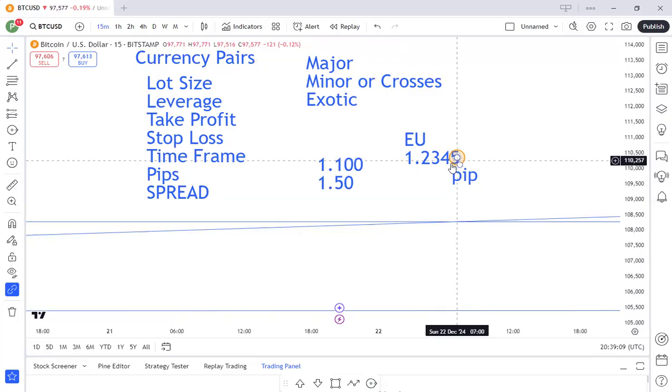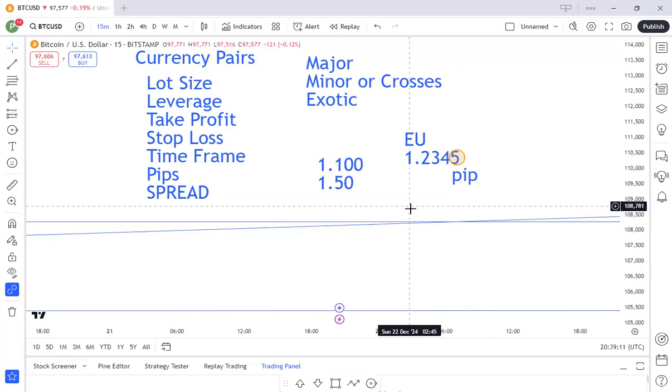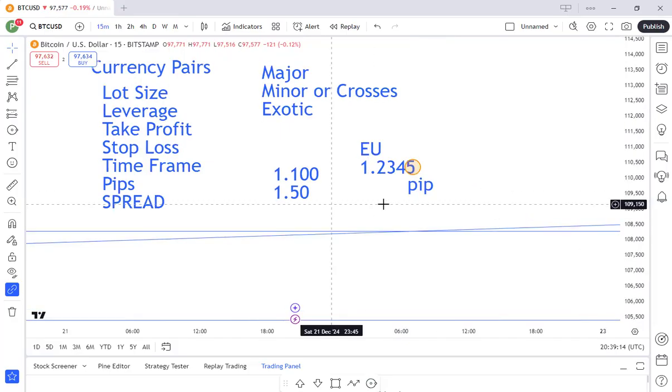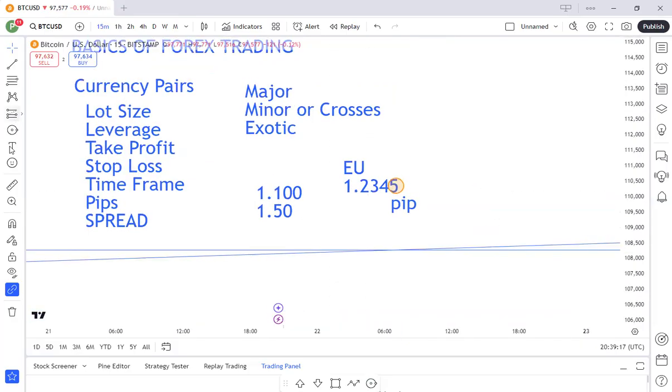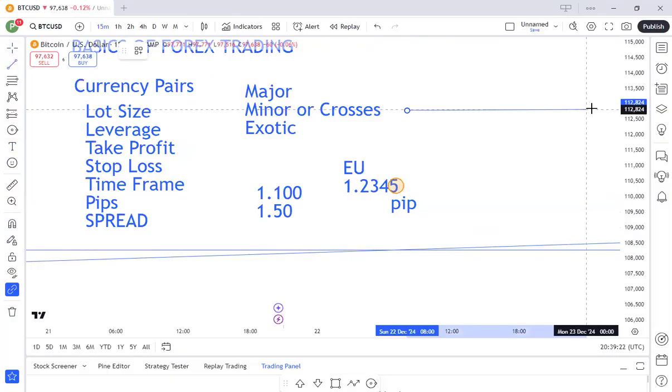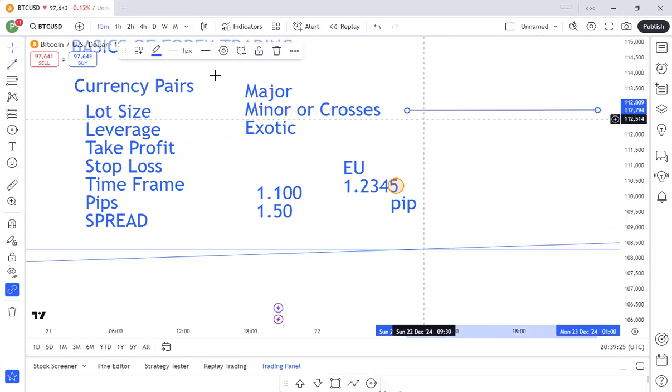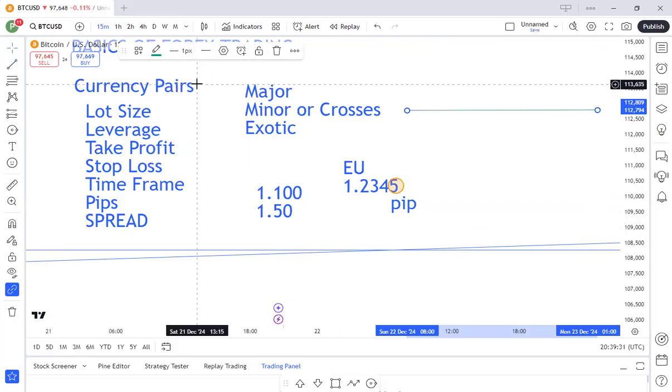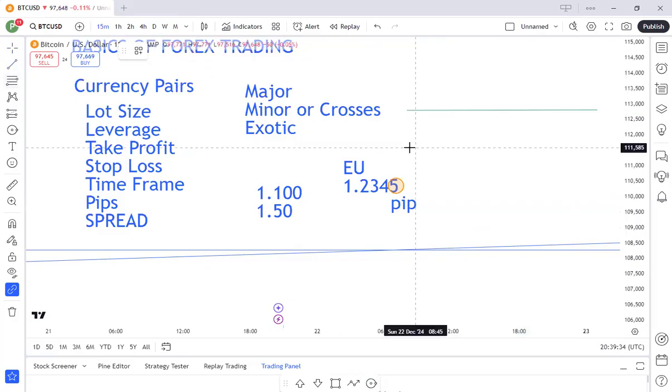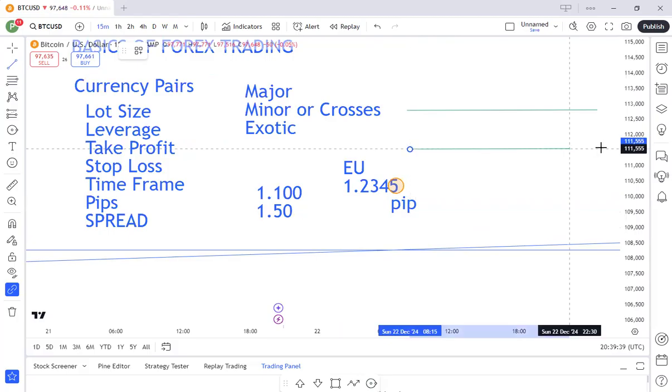And we have spread. Spread is the distance between an ask price and a bid price. Let me change the color. This is the bid price, and this is the ask price.